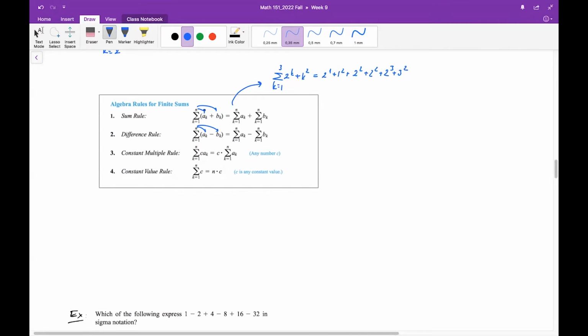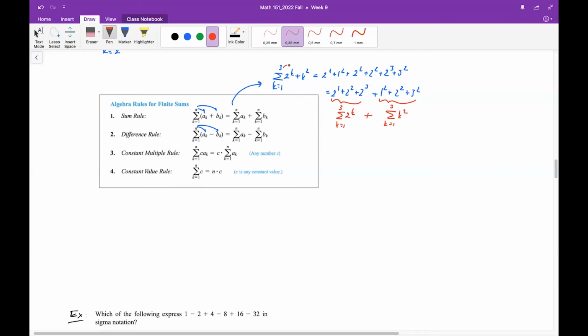What does this say? You can just distribute it over these two, right? So we can rearrange the terms here: 2 to the power 1, 2 to the power 2, 2 to the power 3, and here we have 1 squared, 2 squared, and 3 squared. I just rewrite the same thing, and look at what we have now. This is the sigma notation from k equals 1 to 3 of 2 to the power k, and this part becomes the sum from k equals 1 to 3 of k squared.